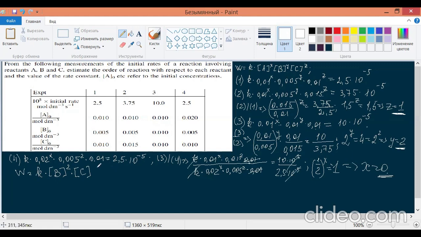Now we can calculate the value of k. Let's do it from the first experiment data. So k is equal to the rate divided by the concentration of B squared times the concentration of C. The rate is 2.5 times 10 to the minus 5, over the concentration of B, which is 0.005, squared. Something is wrong with my writing because I'm just going to the computer.